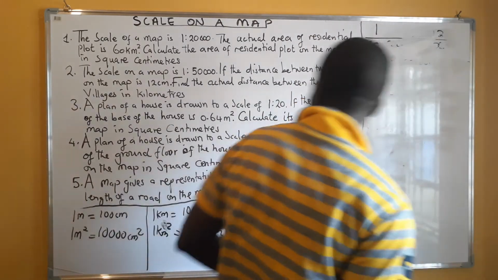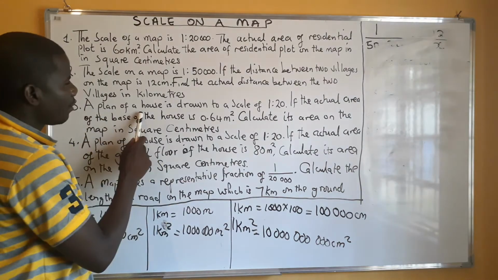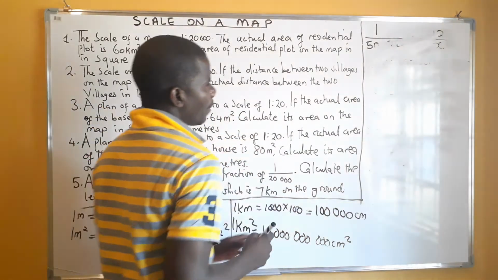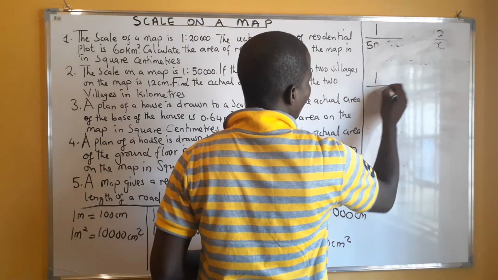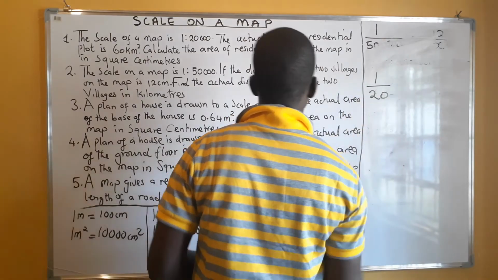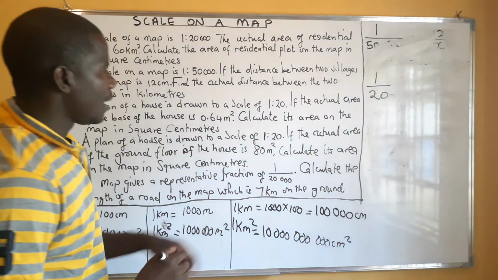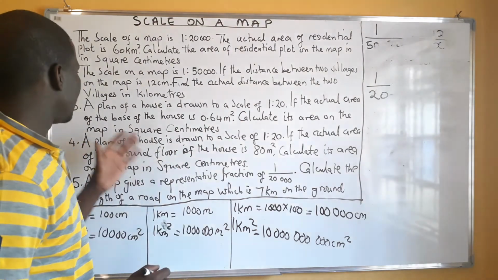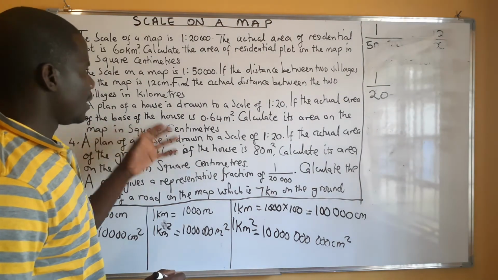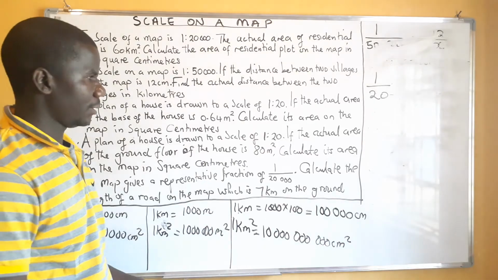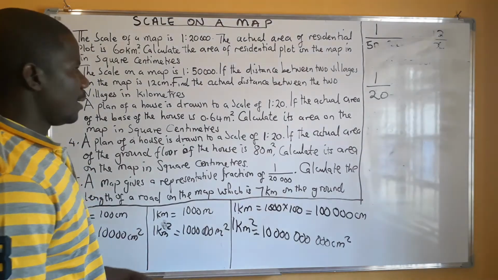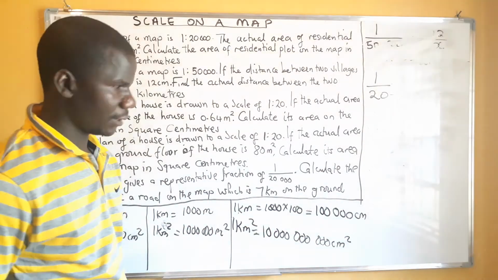So I'm looking at question 3. A plan of a house is drawn to a scale of 1/20. Now look at the actual area. The actual means on the ground.